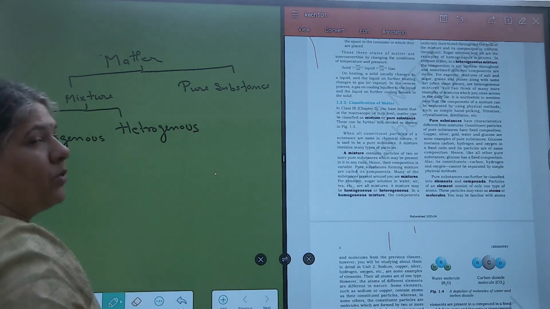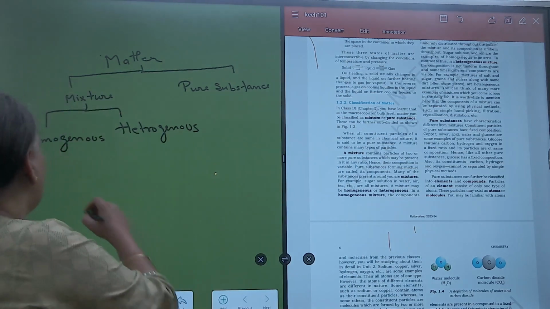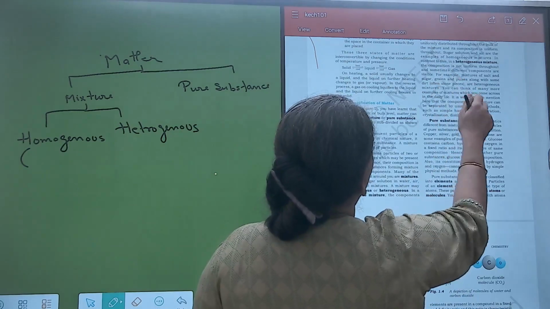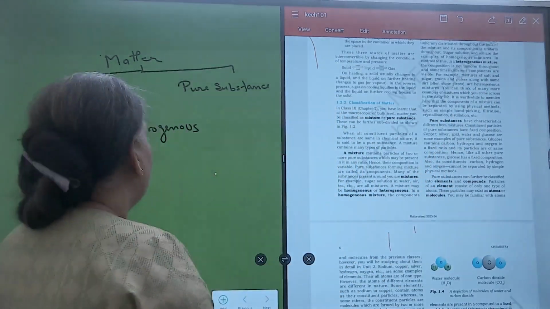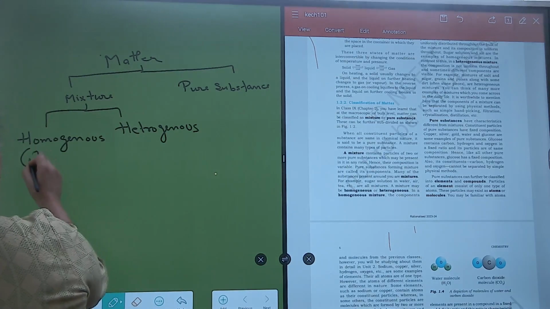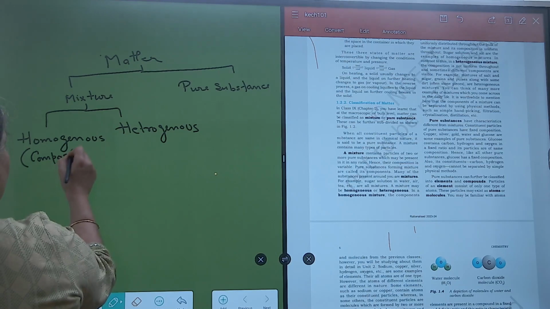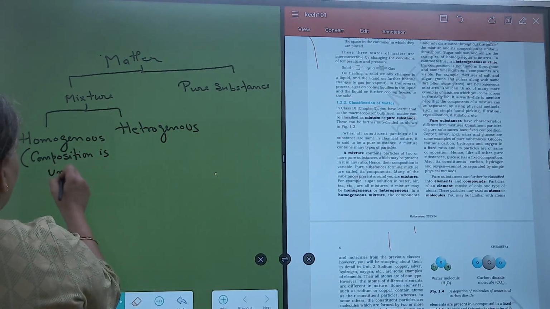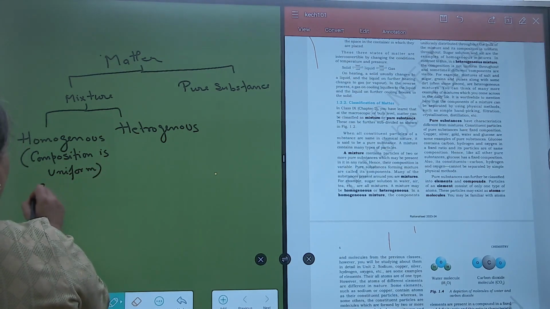Homogeneous means composition is the same throughout the mixture. Composition is uniform. The components are uniformly distributed throughout the bulk of the mixture. For example, sugar solution.